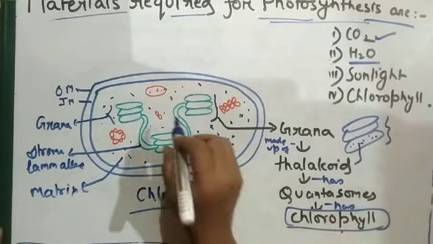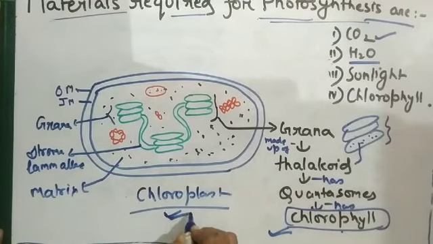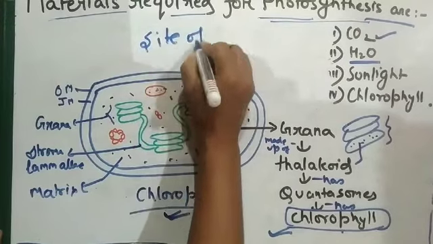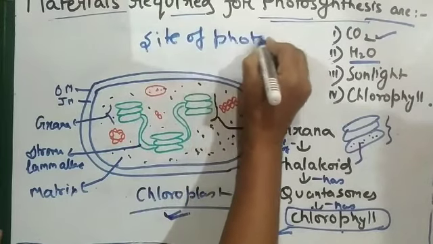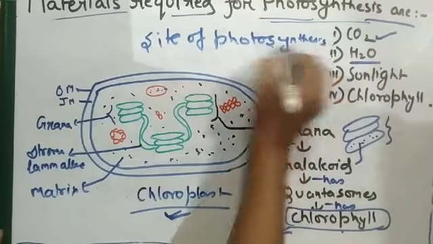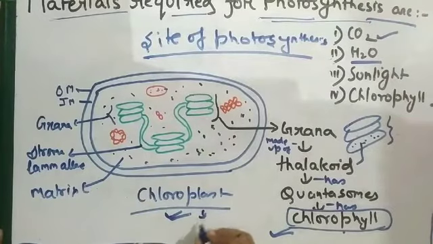So for photosynthesis to occur, we need the chlorophyll molecule, and the chlorophyll molecule is present in the chloroplast. Hence, the process of photosynthesis occurs in the chloroplast. If someone asks what is the site of photosynthesis, it is the chloroplast, which is present in the leaves of the plant.